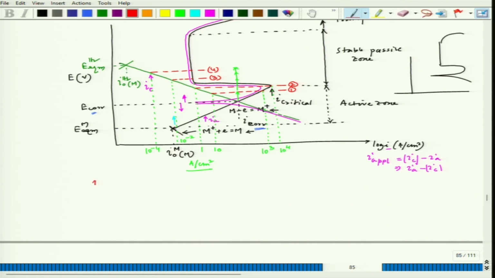Now, in case of 1, what should be my I applied? Ten to the power 3 minus 10 to the power 10. So, it becomes fine.